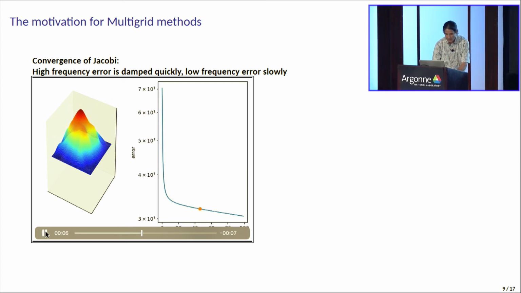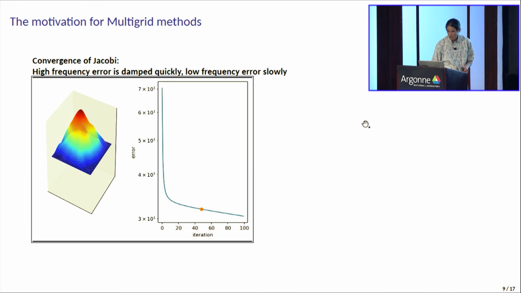What's left behind is relatively smooth error that has a fairly broad support. That's a characteristic of Jacobi and many other smoothers. Smoothers are very effective at quickly damping out high frequency error, but the low frequency error is very slow to be damped out. So that's one aspect of smoothers.